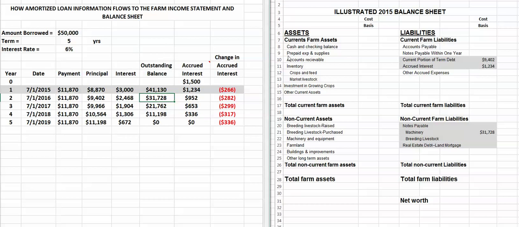And then what I will ask you on the quiz is what would go into the current portion of term debt, the accrued interest, and down here I'll tell you whether the loans are machinery or breeding stock or whatever. I'll tell you what kind of category they are. So you won't have to do the calculations on the amortization schedule, but you will have to know to sum across all the term debt and get it into the proper category over here under current and non-current farm liabilities.